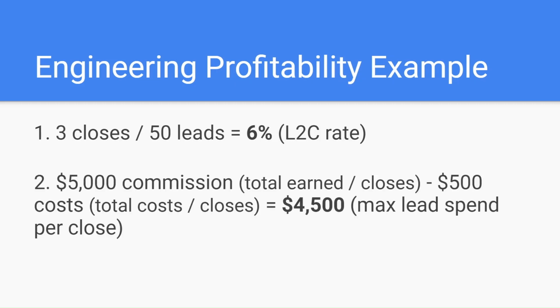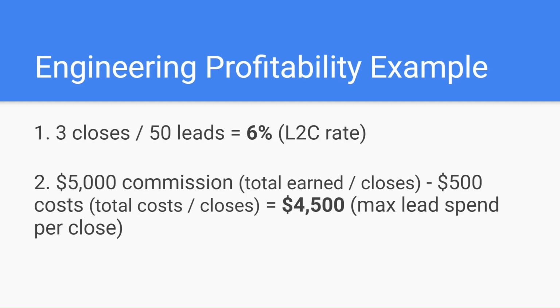Now to identify our max lead spend per close, we would simply take the total amount of commission earned on those deals and divide it by the number of closes. So in this example, let's say our average commission per deal is $5,000.